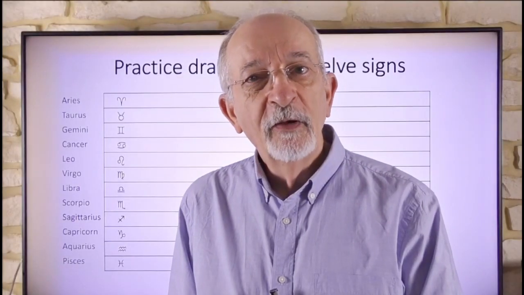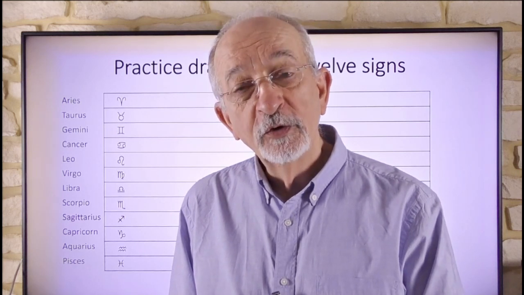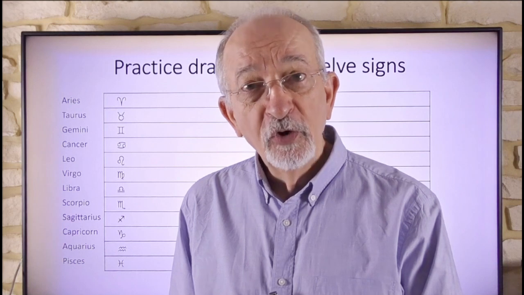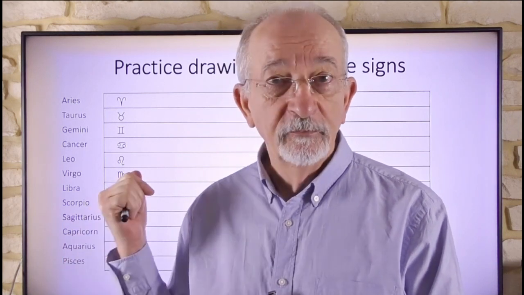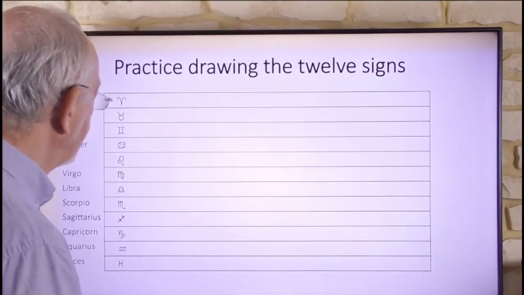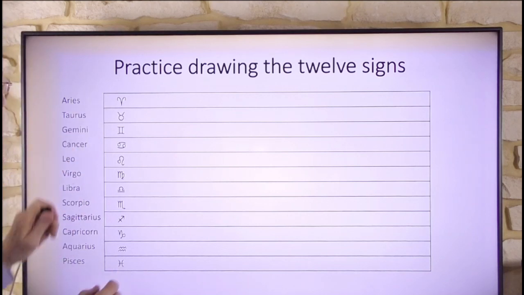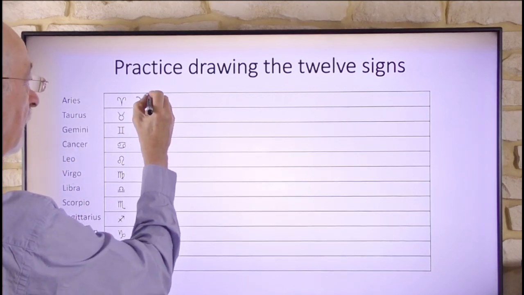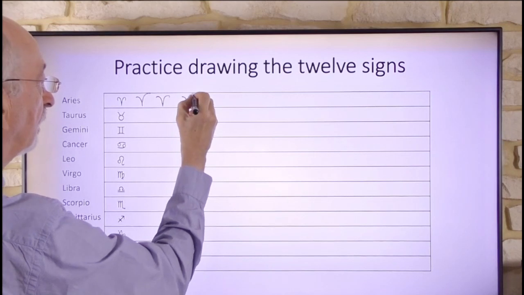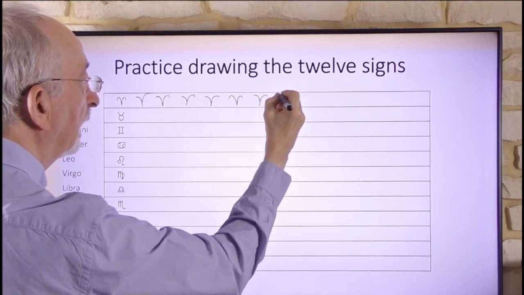To memorize something, the best thing is to practice. So that's what we're going to do now. Take a notebook and draw a line of each of the 12 symbols of the signs here. So you do like this, right? You draw Aries.